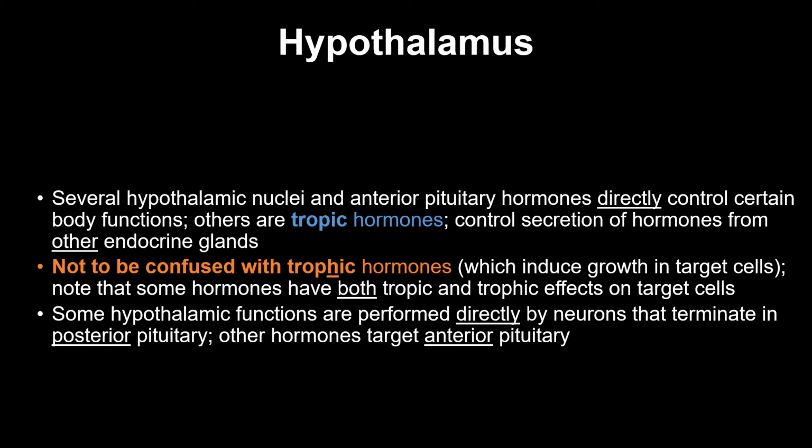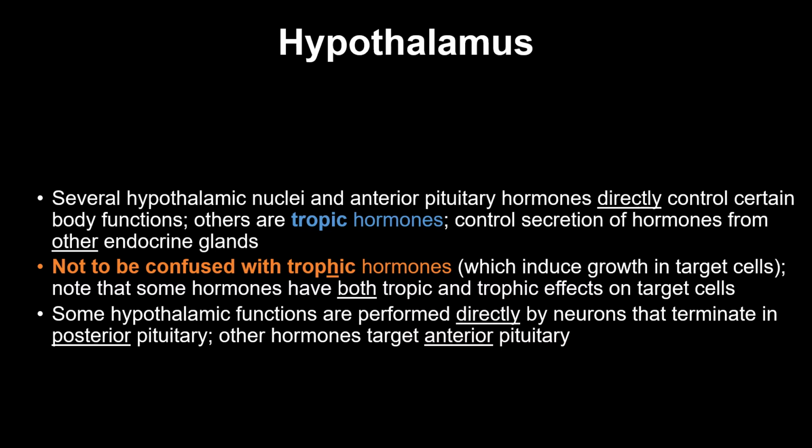Do be careful not to confuse tropic with trophic. Trophic hormones induce a growth of their target cell. And then I do want you to note that some tropic hormones are also trophic hormones.